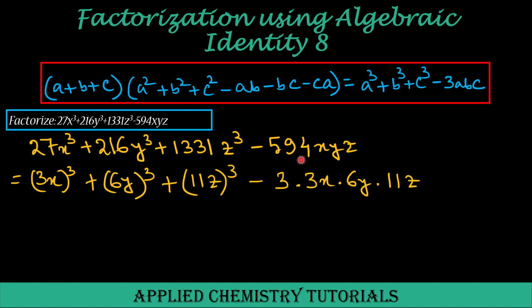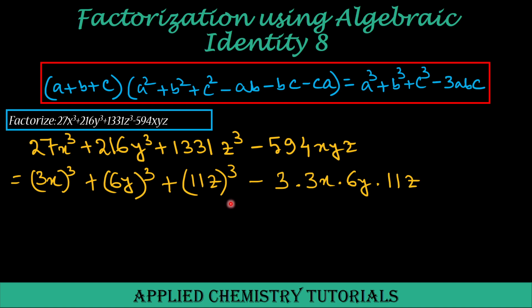Now we can rearrange minus 594xyz as minus 3 multiplied by 3x multiplied by 6y multiplied by 11z. So here this is similar to a cube plus b cube plus c cube minus 3abc, where a equals 3x, b equals 6y, and c equals 11z.